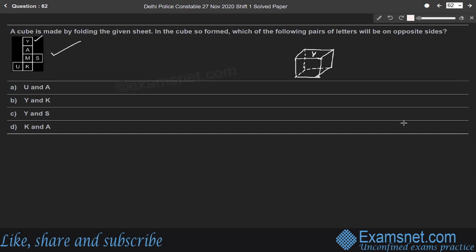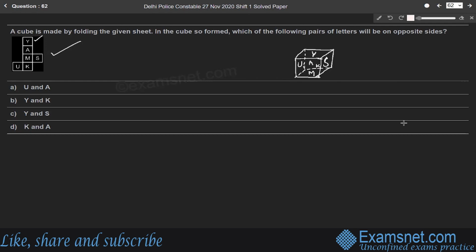This becomes the top of the cube, and M will be the bottom of the cube, and A is at the back, this part, and K will be the front portion, and U is the left side, and S is on the right.